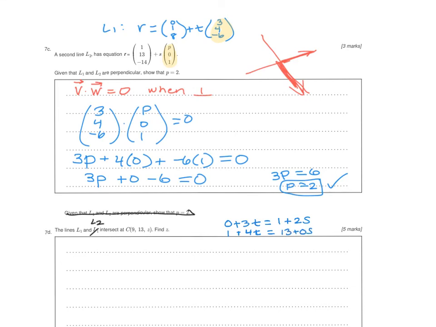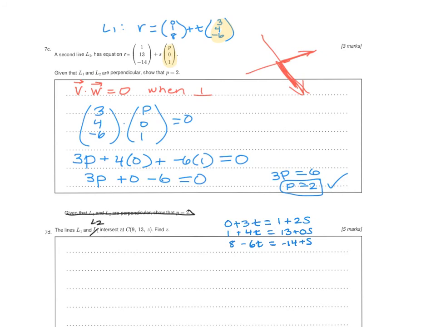And then the third equation, 8 minus 6t equals negative 14 plus s. And then we have a system of equations which we would solve for t and for s, and then we plug it in to get the point.